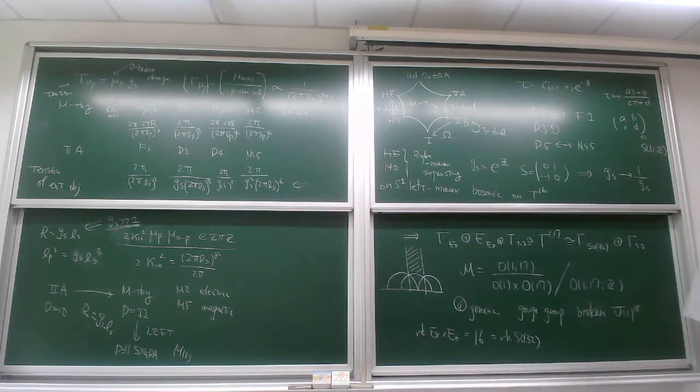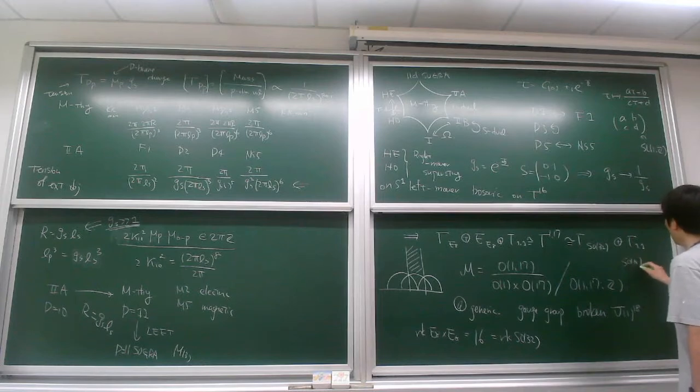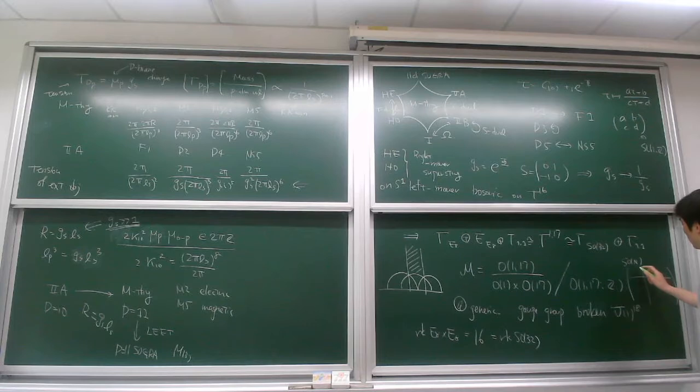So remember, when it's SO(N), it's block diagonalizable to this block diagonal matrix, right? Cosine theta and sine theta, minus sine theta, cosine theta, then 1, 1, 1, and also the same piece here with theta 2 and theta 3 and so on.